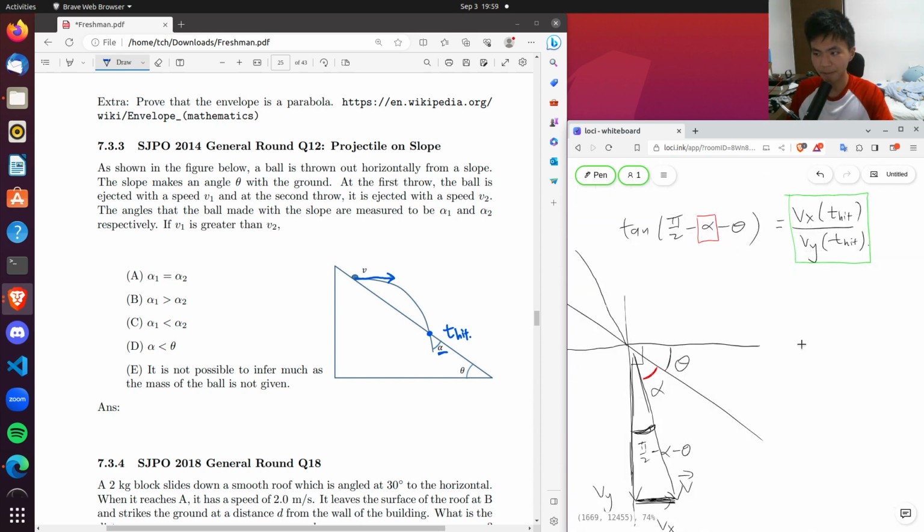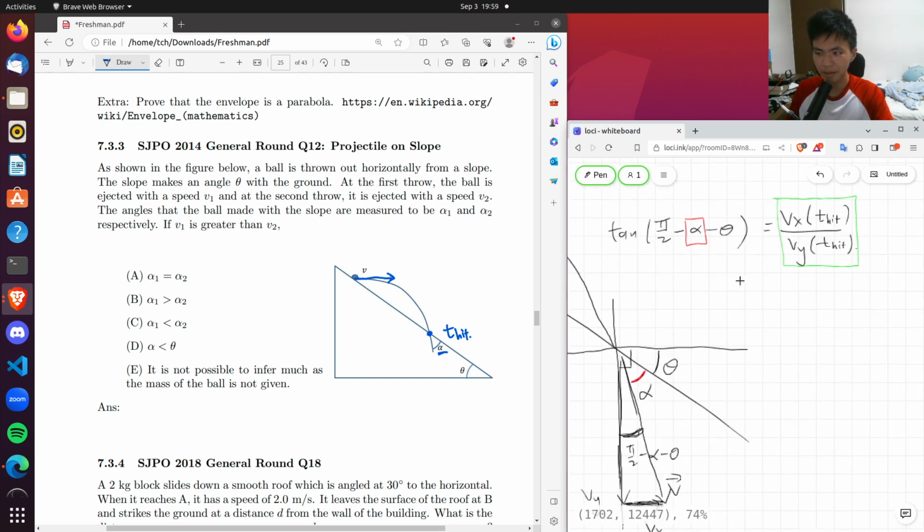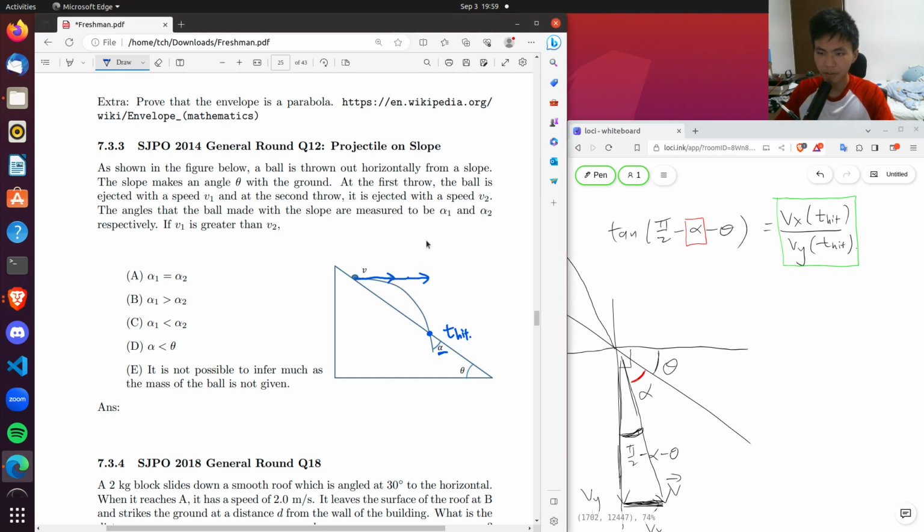To be specific, we're not just asking how the velocities individually change. Of course, if we increase the horizontal velocity from v2 to v1, then the individual velocities vx and vy when it hits the slope again are going to increase. Each of them is going to increase.